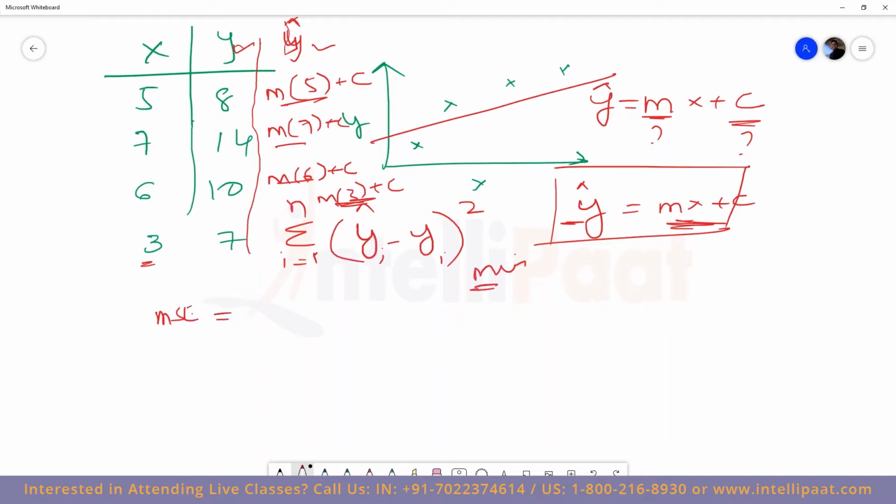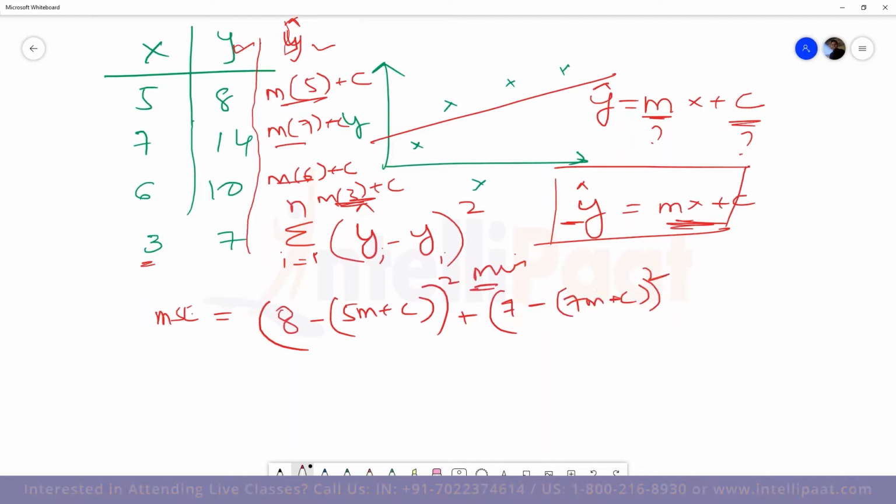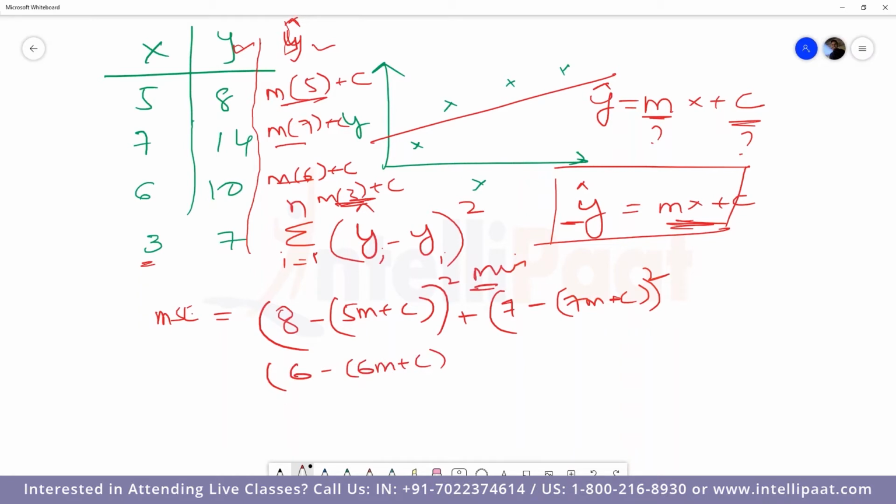For data point 1, my actual value is 8 minus my predicted value 5m plus c, the whole square, plus for the second data point, this is going to be 7 minus 7m plus c, the whole square. Similarly, for the third data point, sorry, my bad, just a small mistake.